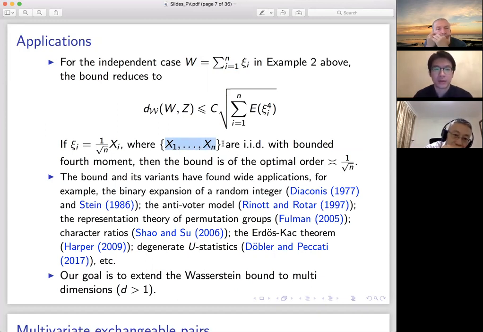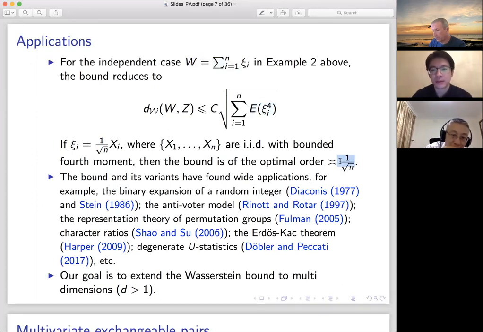We assume these X's have a finite bounded fourth moment. Then this upper bound becomes of order square root of n terms times this fourth moment. And because of this 1 over square root of n in front, it becomes square root of 1 over n. So the upper bound for this standardized sum of iid random variables is of order 1 over square root of n under the bounded fourth moment condition.